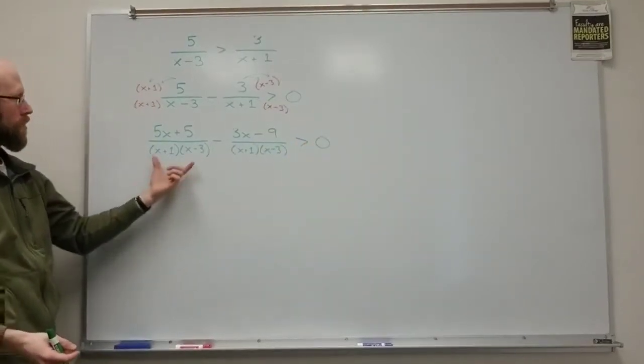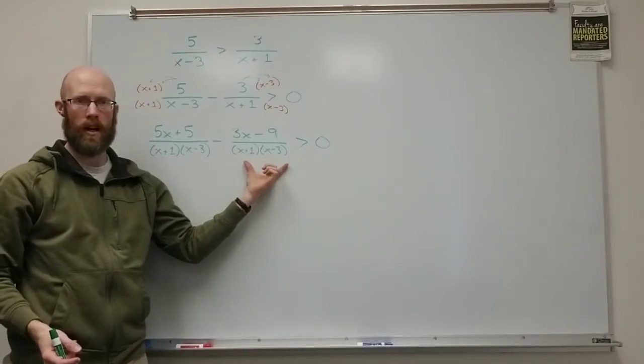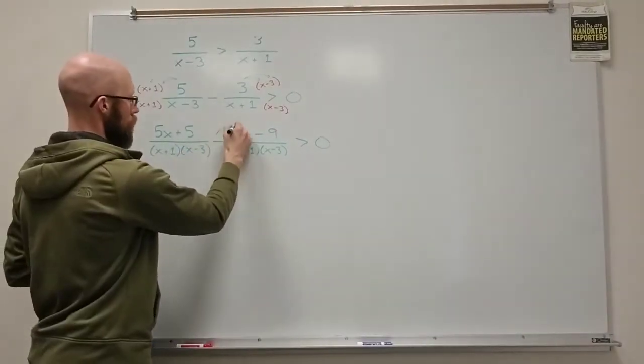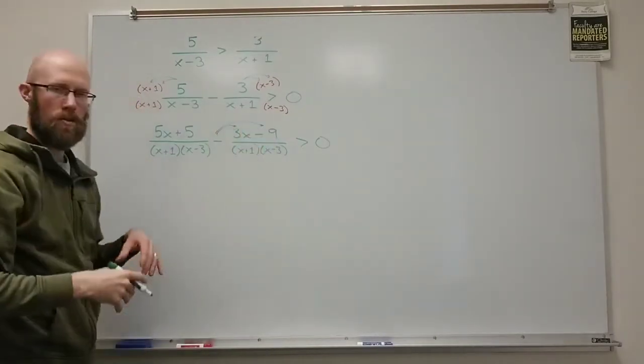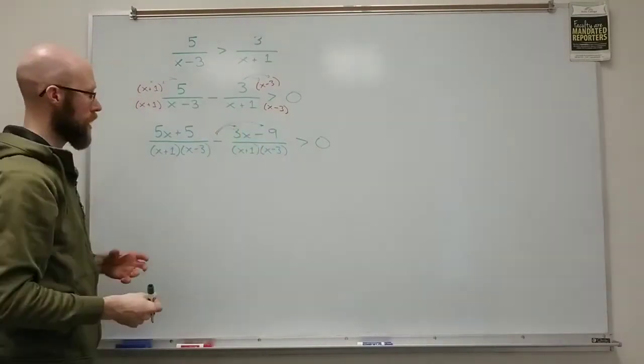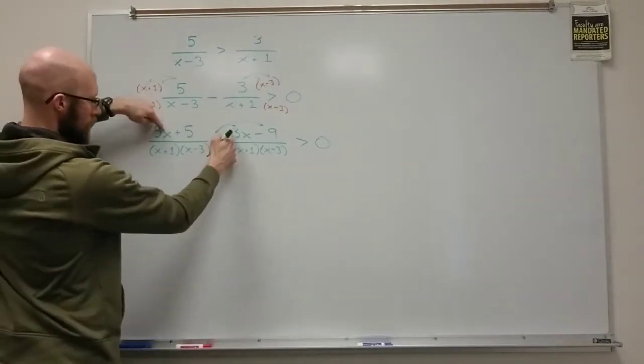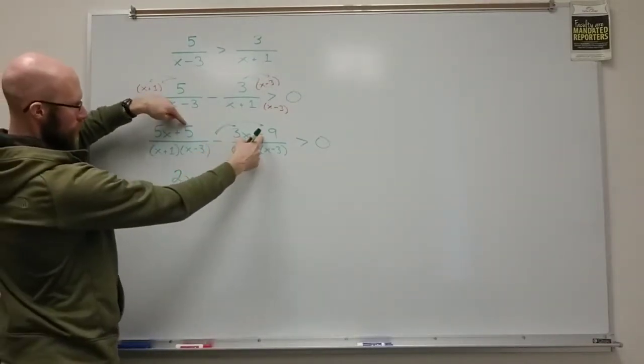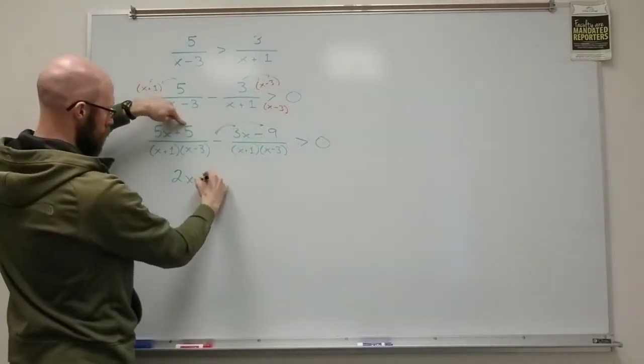Okay? So I want to subtract these two fractions. Again, distributing the negative will change both signs. I'll do this kind of in one step rather than writing it out twice. 5x minus 3x is going to be 2x. 5 minus negative 9, that's really 5 plus 9, that's 14.